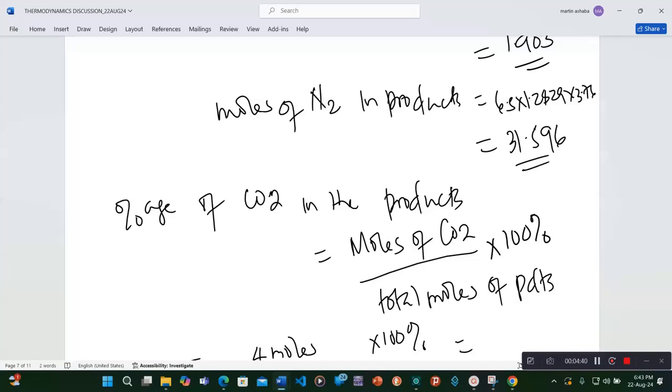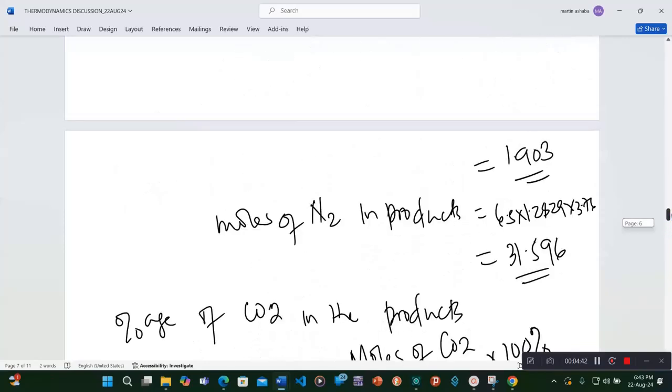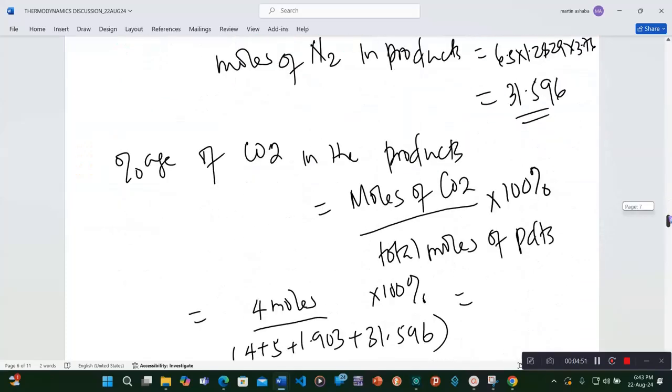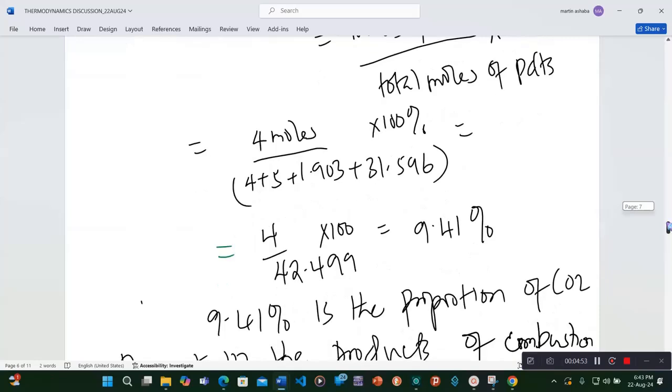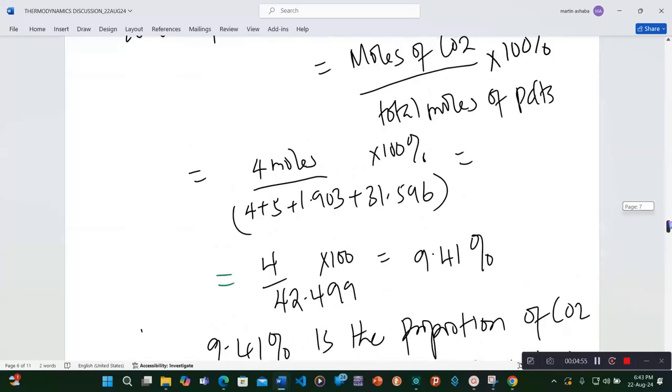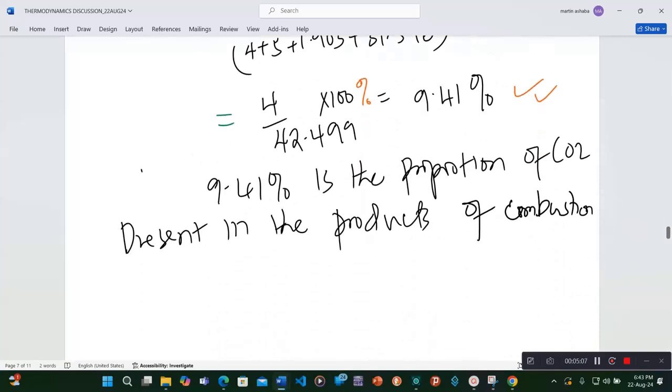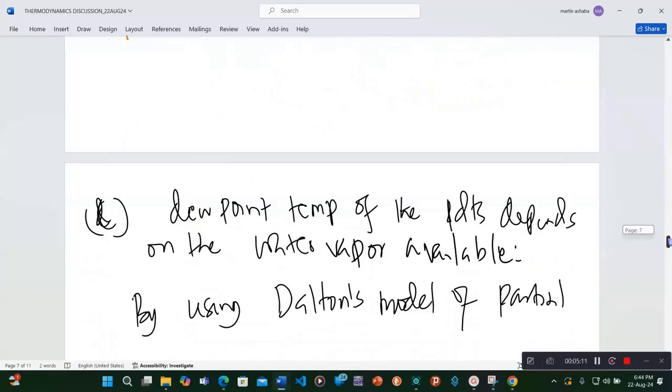The total moles of products, we shall just sum 4 plus 1.903 plus 5 plus 31.596, and we shall have 42.9499, and the moles of carbon dioxide are 4. When you do the multiplication, the percentage would come to 9.41. So that is the proportion of carbon dioxide that is present in the byproducts of combustion.